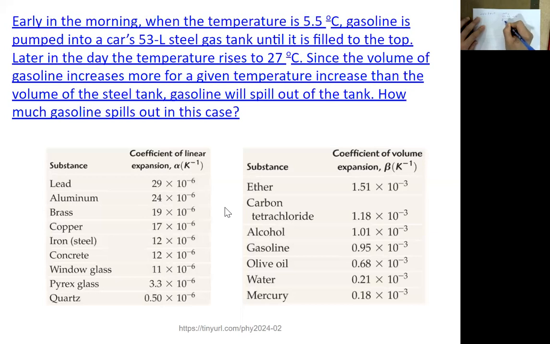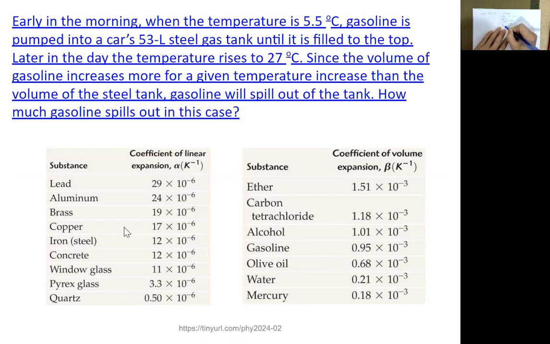For the steel tank, it's iron, which is 12 times 10 to the minus 6, but because this is linear, you multiply by 3 to get beta, in inverse Kelvin.